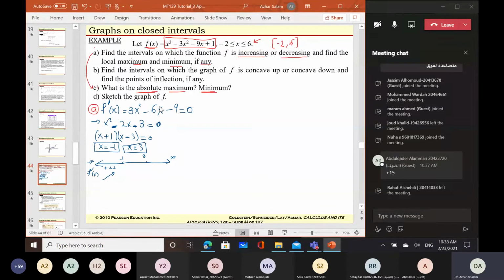So it will be negative, and the function here is decreasing. Now I still have this interval. Of course, I don't have all this interval from minus infinity to infinity. I only have from minus 2 to 6.